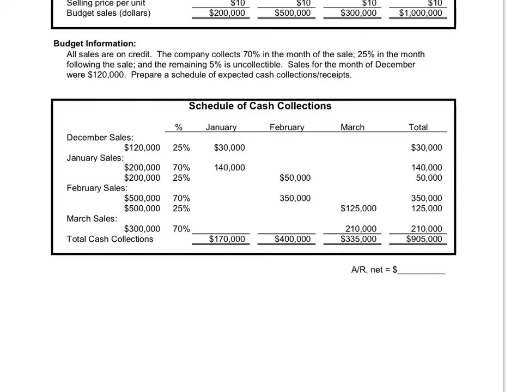So to calculate our net, you take 0.25 times the 300,000, and that equals 75,000. And that would be what your account receivable would be at that point in time. And that's significant because when you're creating a projected balance sheet, you would need to know what your accounts receivable is projected to be.